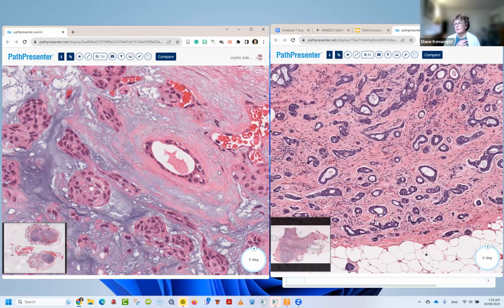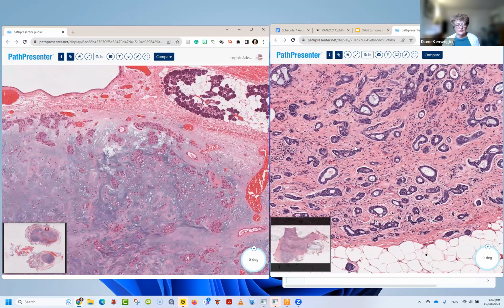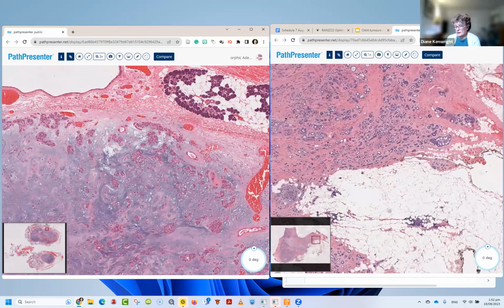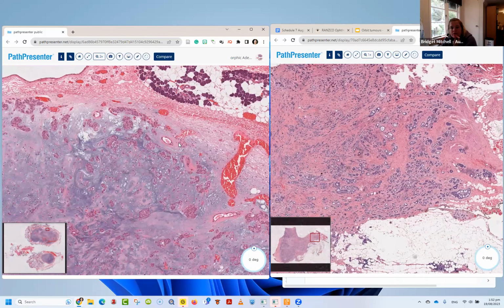Okay. So Bridget, do you want to tell us about the molecular things? So if we've got, I presume, cytology and it's only got 6 cells on it, but there's enough to get some next generation sequencing out, what do we look for? So it's really good if you've got a small sample source, so cytology, or if you've got a really small biopsy of one of these tumors and you can't really tell the difference.